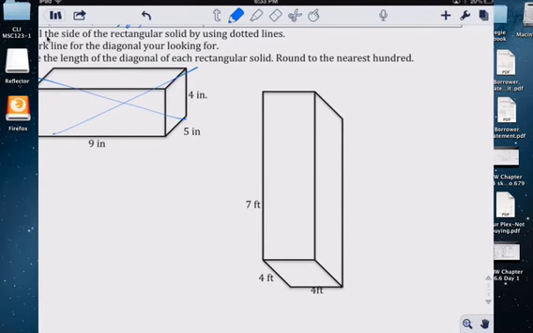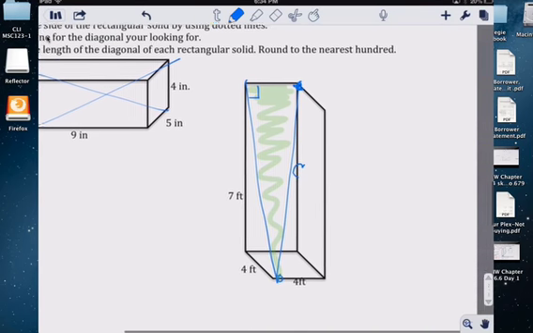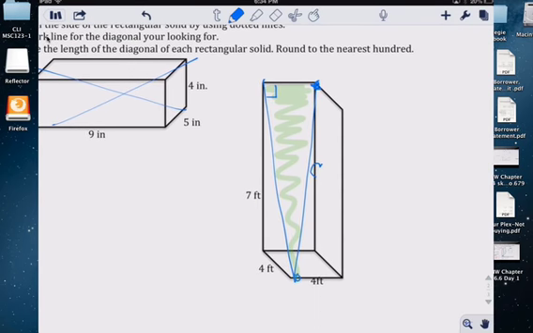Okay, now remember you're finding one corner. You're finding this here. You need to draw that to make the right angle. Okay, first start at the bottom of this box.